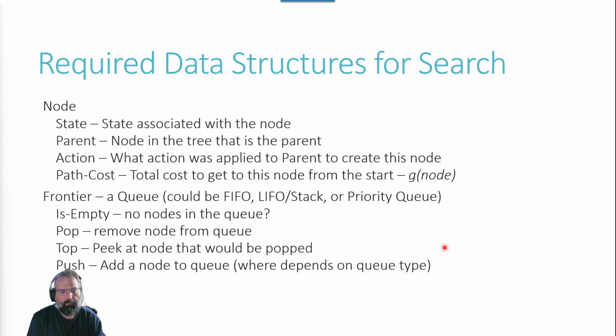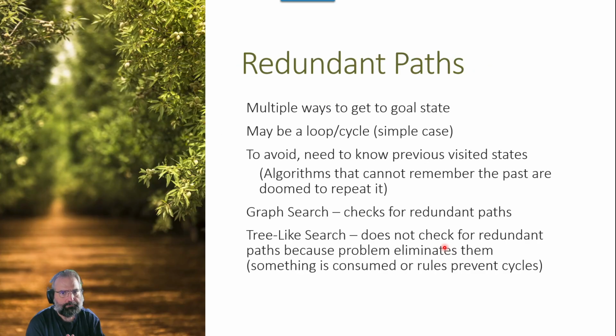When you pop, you're removing nodes from the queue. When you top, you take a look at the top one; don't pull it until you do that pop. And push is enqueuing something, so adding something to the queue. Those are basic queuing operations, regardless of what you're dealing with, the data structure, you're treating it as a queue.